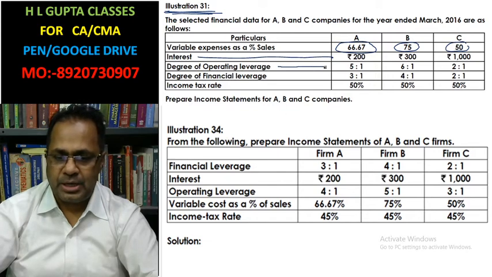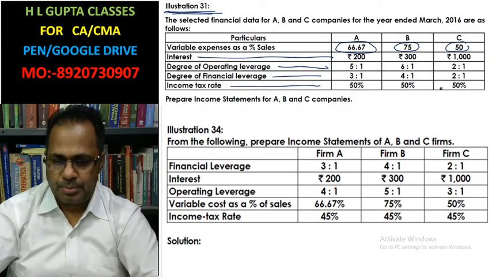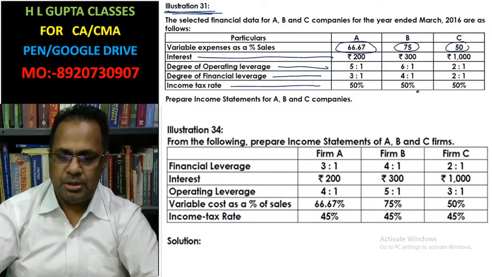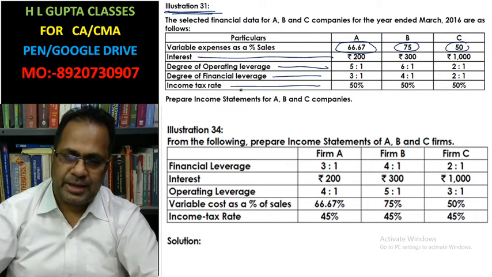Degree of operating leverage and degree of financial leverage are given, and the income tax rate is 50%, 50%, 50%. This is question 31 and this is question number 34.